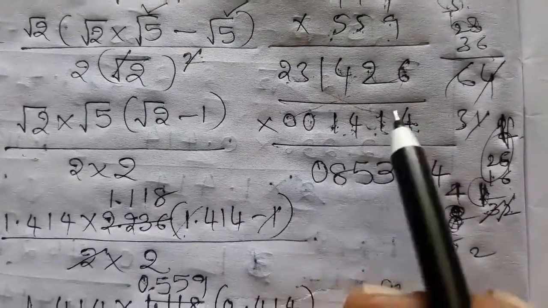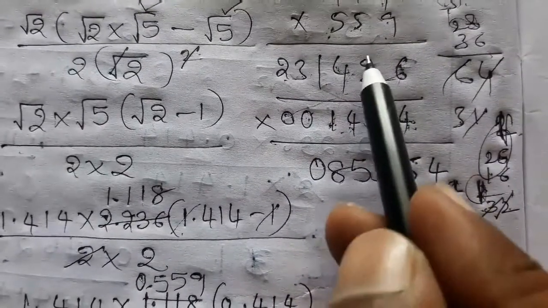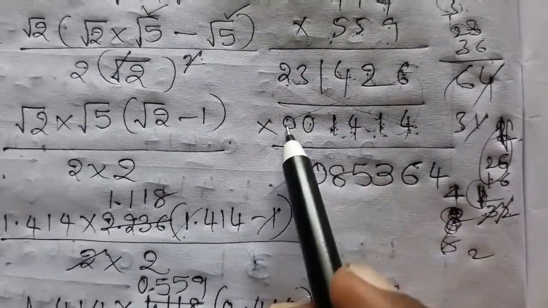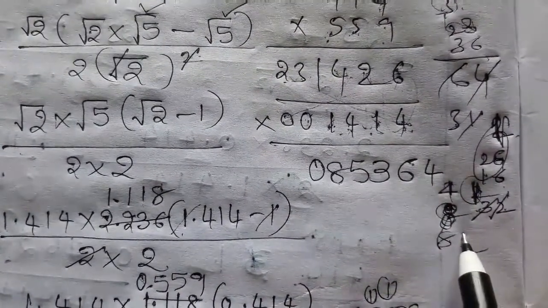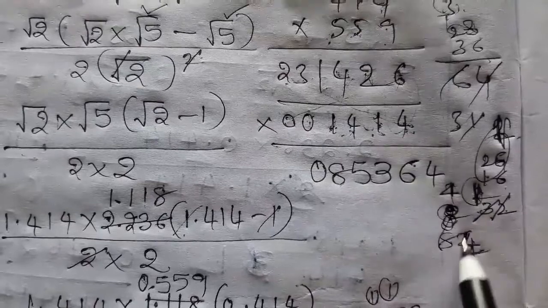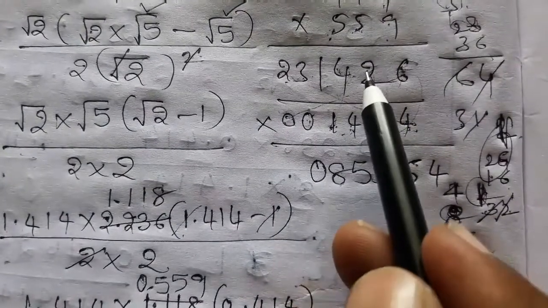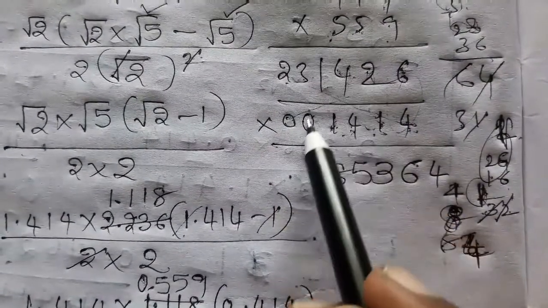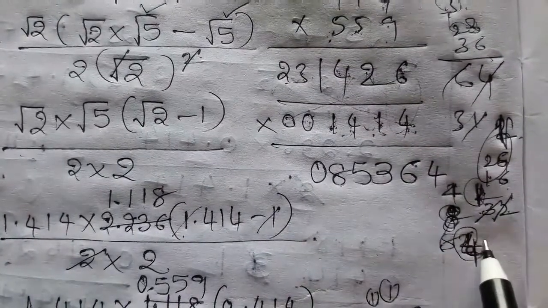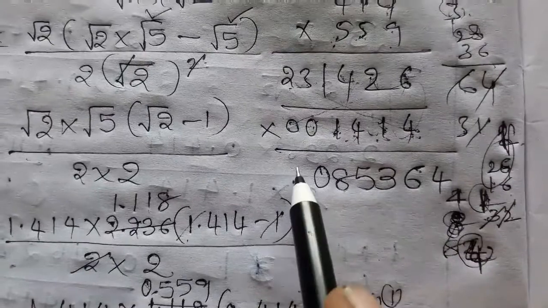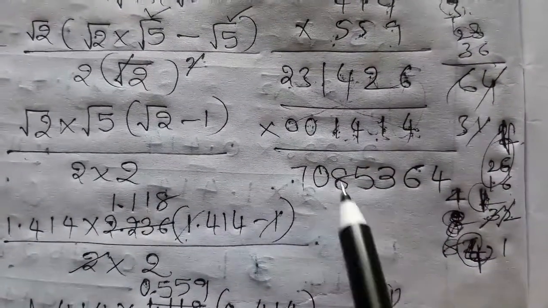Now leave this, 0, 2 2s are 4. This into this 0, 3 4s are 12, 12 plus 4, 16, plus 1, 17, 7, 1 is carry.